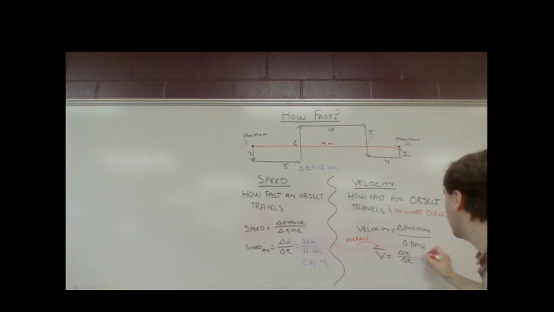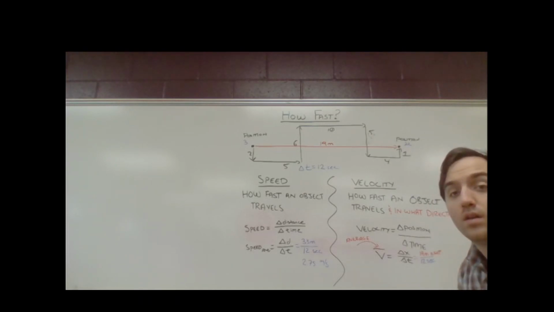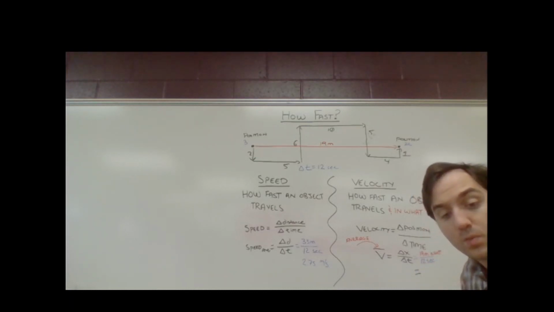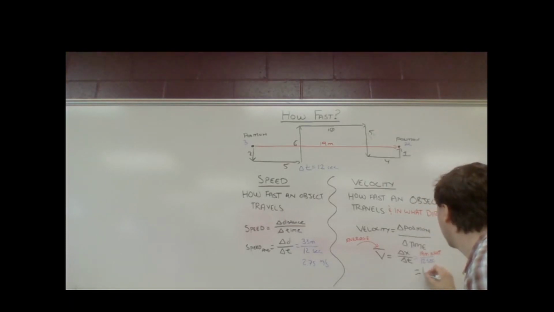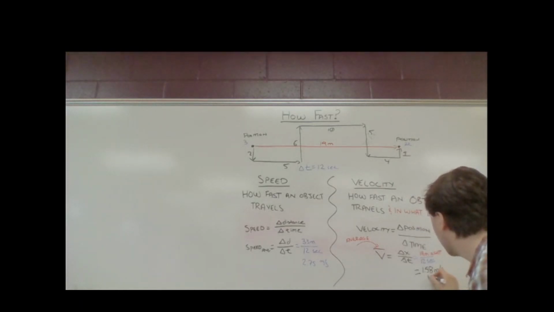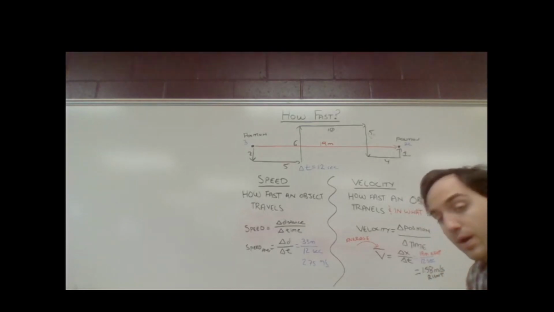So again, once you've done that, it's just divide. In this case, it's 19 divided by 12, which is 1.58. And we need to designate a direction because this direction matters: to the right.